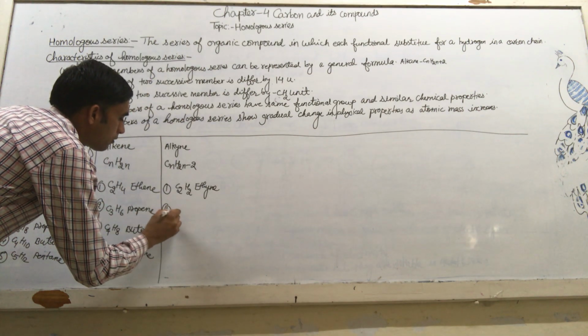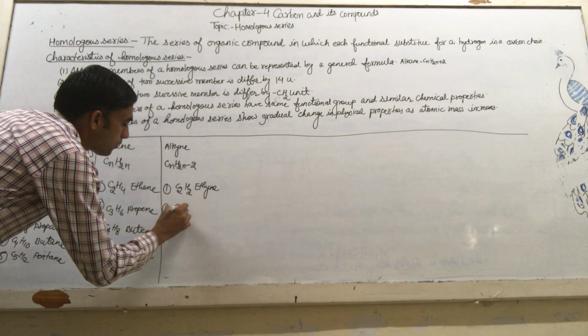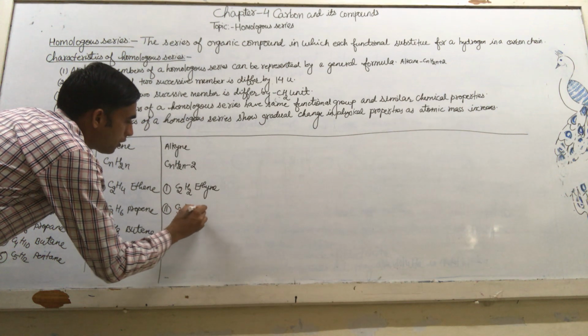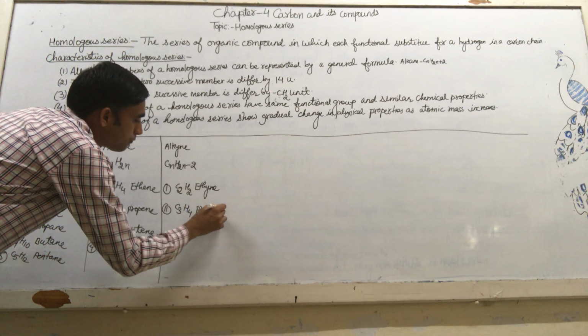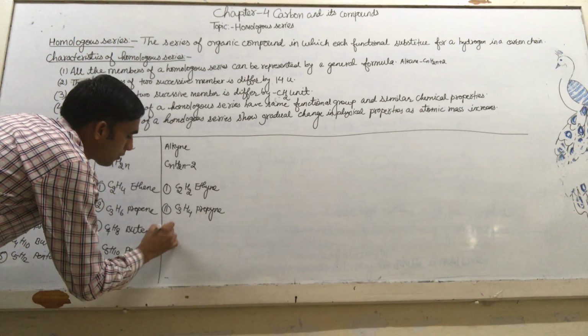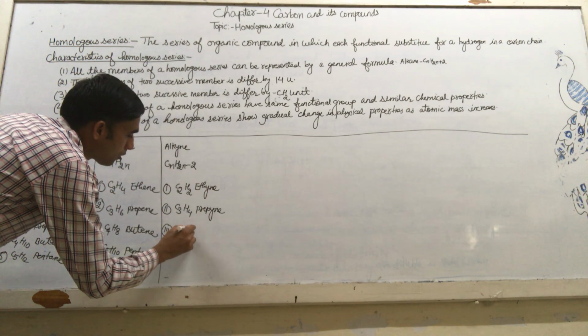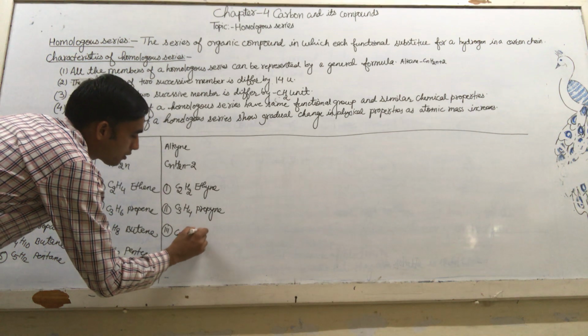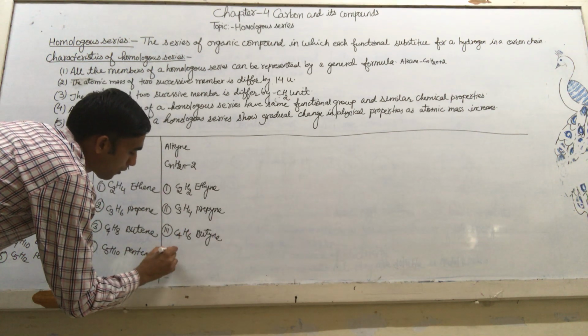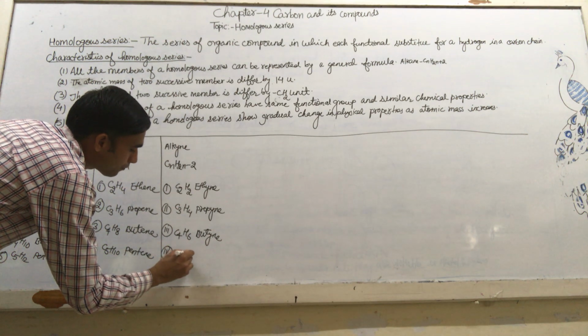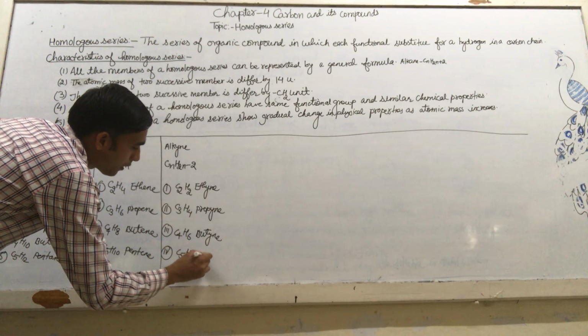The second member is C3H4 propyne. The next member is C4H6 butyne. And the next member is pentyne.